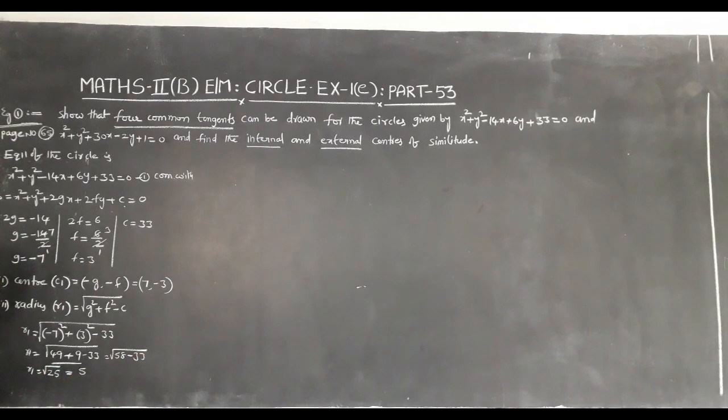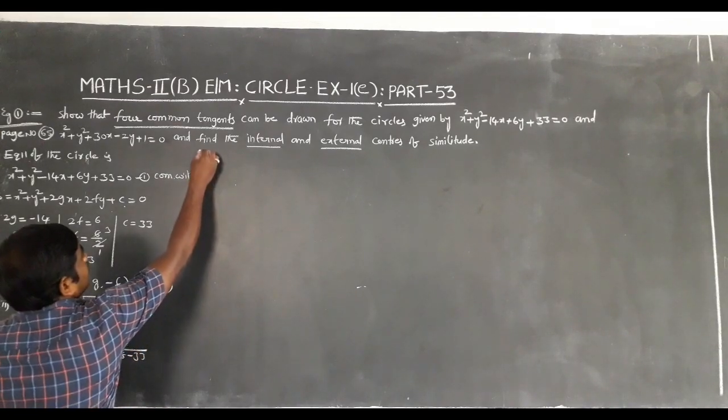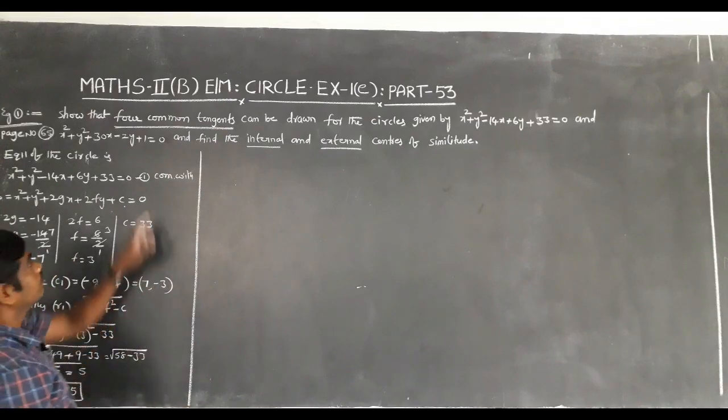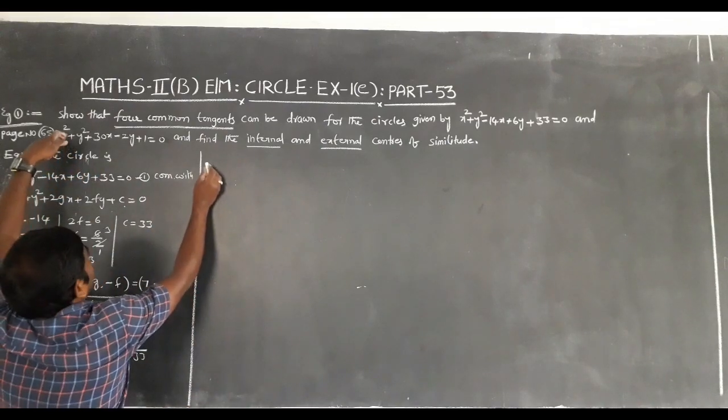Root 25 means 5. Therefore R1 is equal to 5. This is the center and the radius of the first circle. Again, find the radius and the center of the second circle.